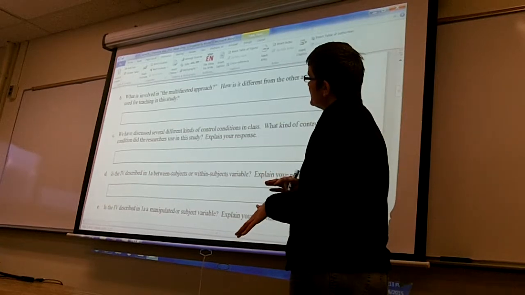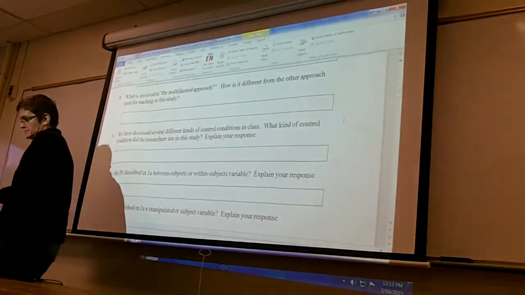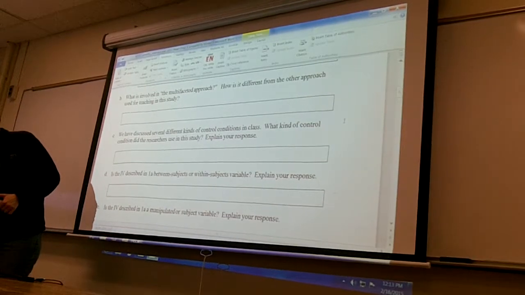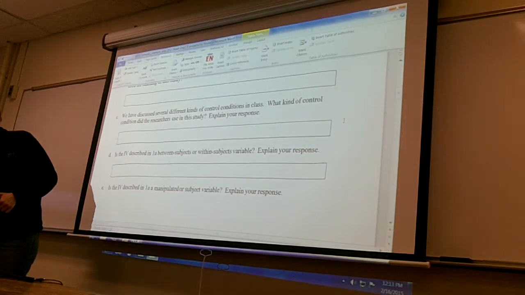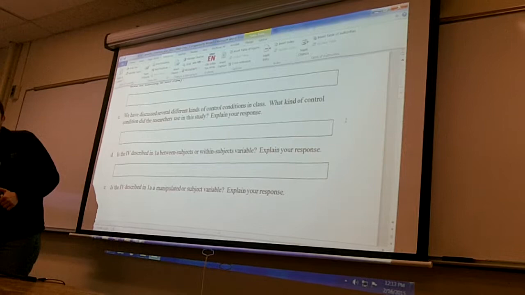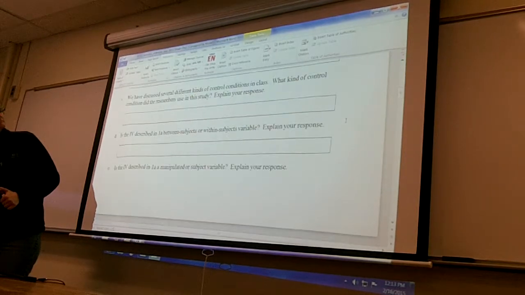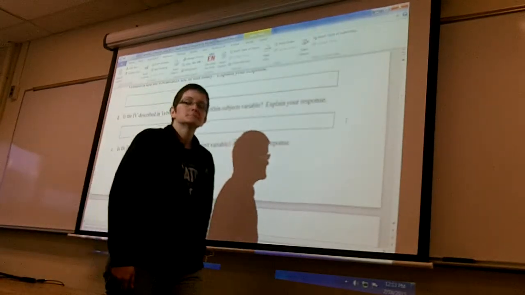Is the IV described here a between subjects or within subjects variable? Okay, how do you know? Because neither one of the groups were switched to where they had to retake the class and take the lecture in the chapters, or the other one having to do the active learning.